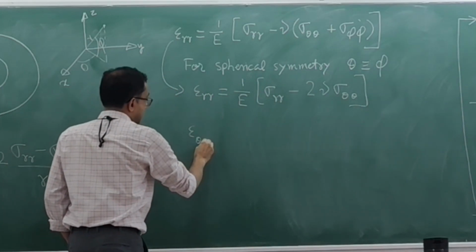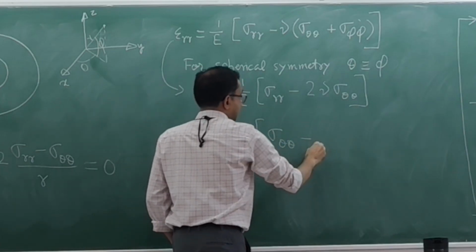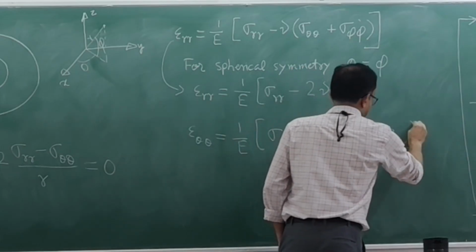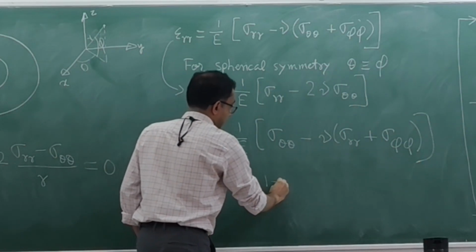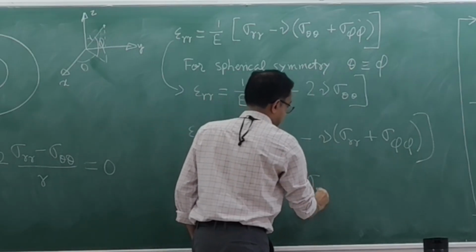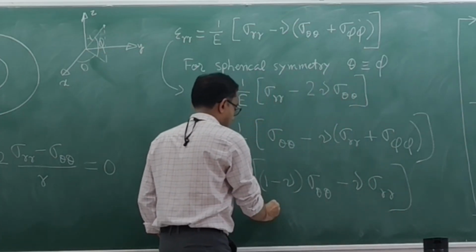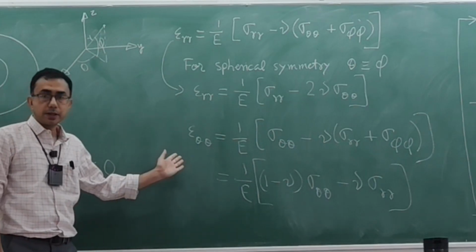Similarly, your epsilon theta theta will be 1 by E times sigma theta theta minus nu times sigma RR plus sigma phi phi, and this will be equal to the following. I've just substituted sigma theta theta equal to sigma phi phi. That's all. And you do not have to worry about epsilon phi phi because it will be exactly the epsilon theta theta.